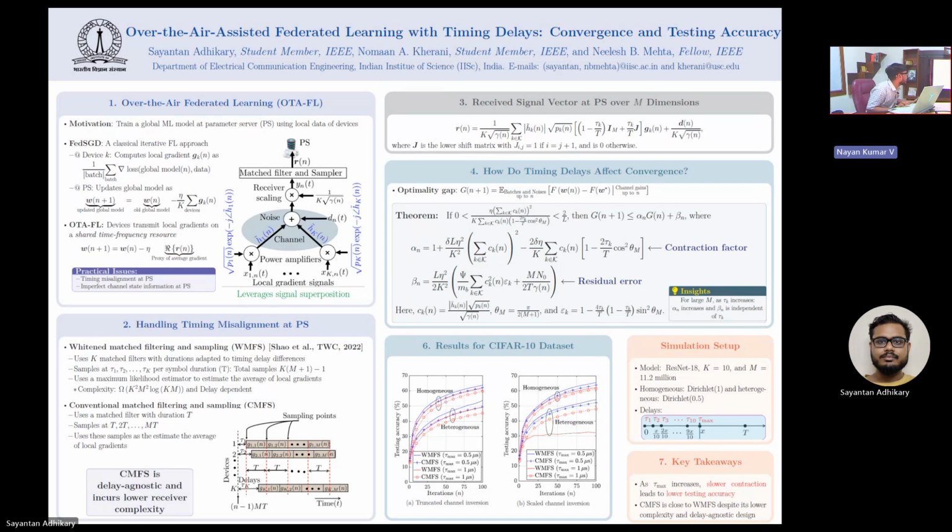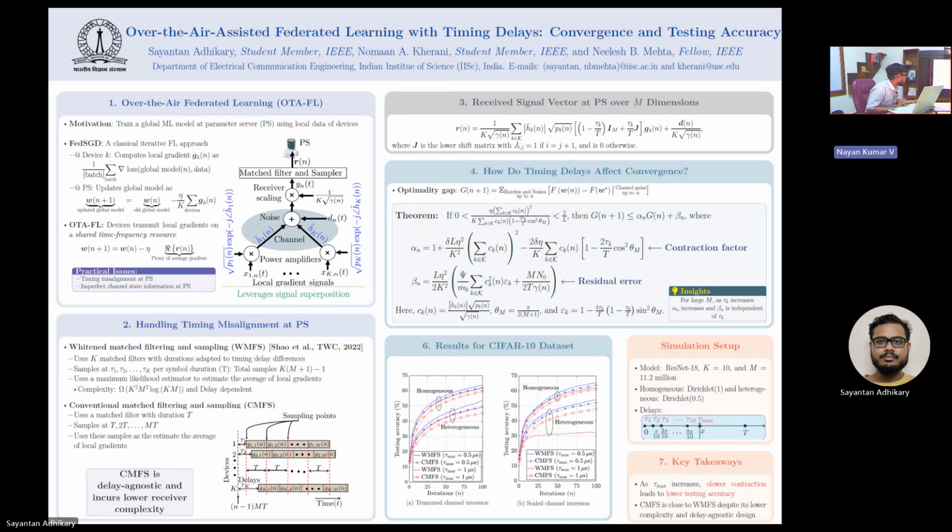But as the delays increase from tau max 0.5 microsecond to 1 microsecond, we see there is a decrease in testing accuracy, and this is bound to happen because your contraction factor decreases, as I've shown, as delays increase. And if you contract less, you will eventually go to a loss which is worse than what you can achieve in a low delay scenario, and therefore that affects your testing accuracy inversely.